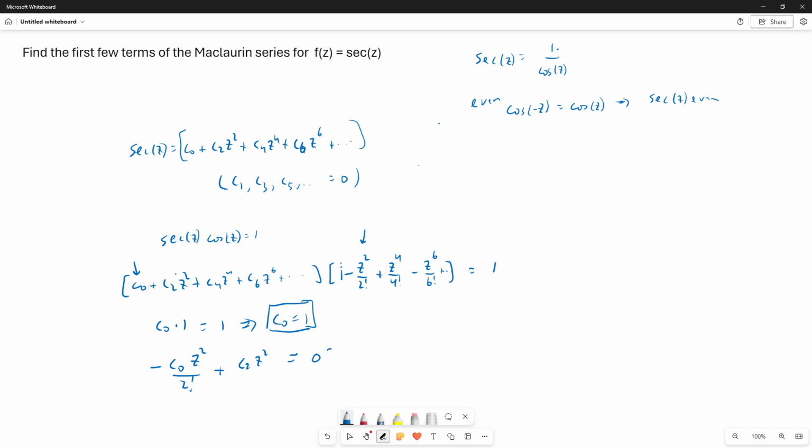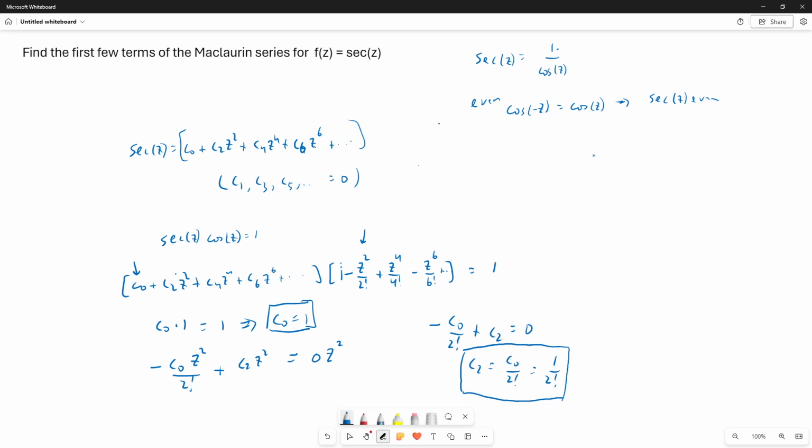And that's got to equal 0 z squared, because there's no z squareds on the right. So the coefficient of z squared here has to be 0. So negative C0 over 2 factorial plus C2 is equal to 0. So C2 is equal to C0 over 2 factorial, which is 1 over 2 factorial, because C0 was 1. So C2 is 1 over 2 factorial.